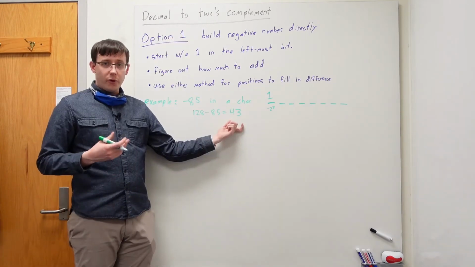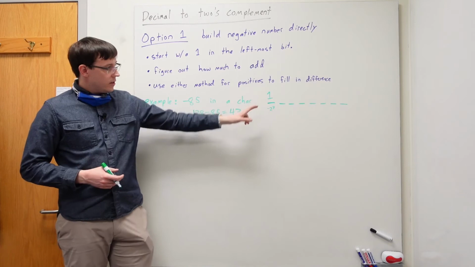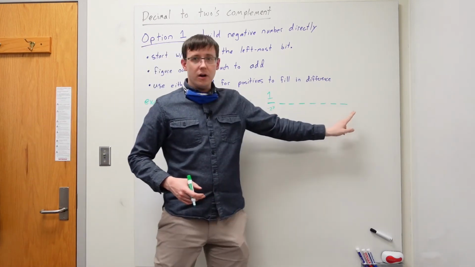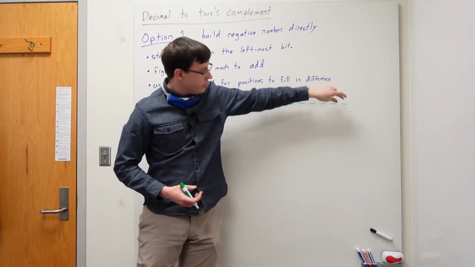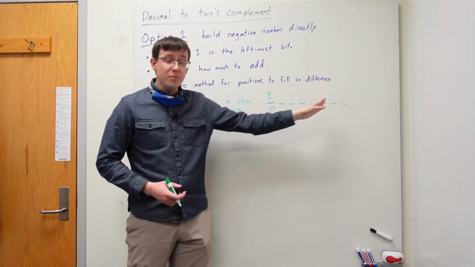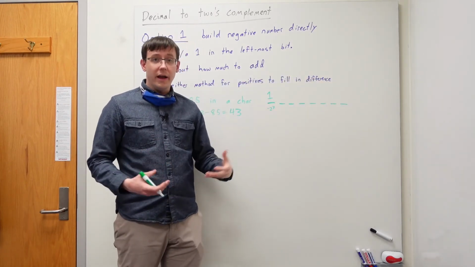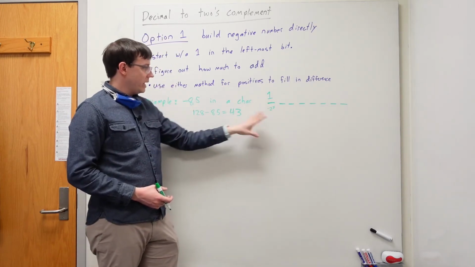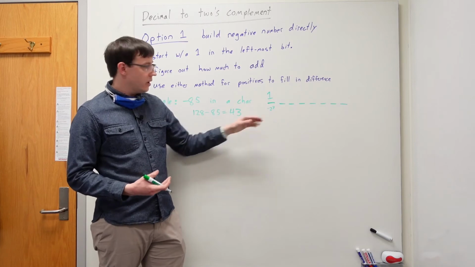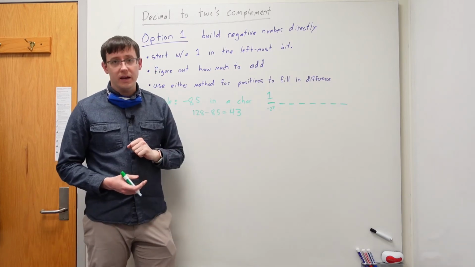That difference is 43, and so we know that we want the remainder of these digits to represent the number +43 in 7 bits of unsigned binary, so that when we add it to the -128 that we've already included, we will be representing -85.